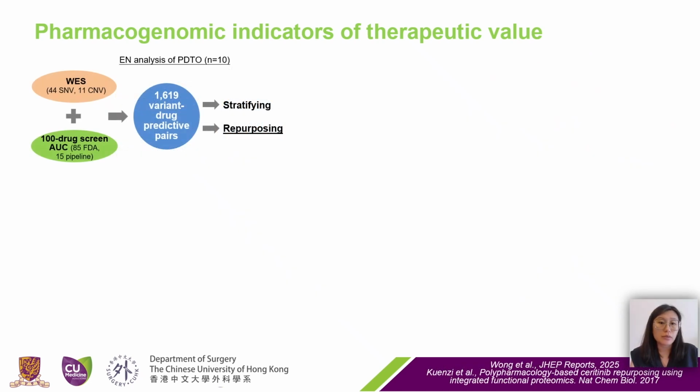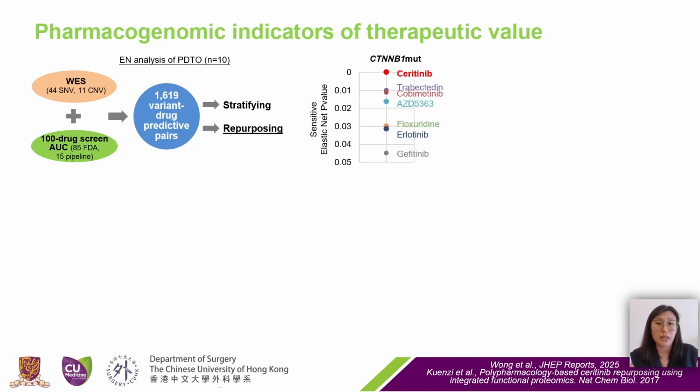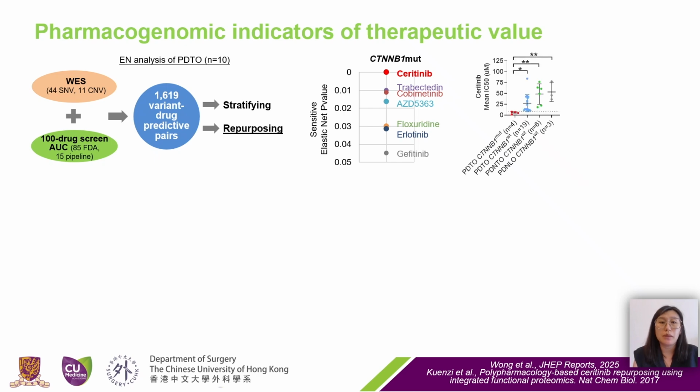On the repurposing side, beta-catenin gain-of-function mutations are among the top driver events in HCC that remain undruggable. Here we report that ceritinib, an ALK targeting drug, showed response in beta-catenin mutated versus wild-type counterparts in an expanded cohort of 20 organoids.